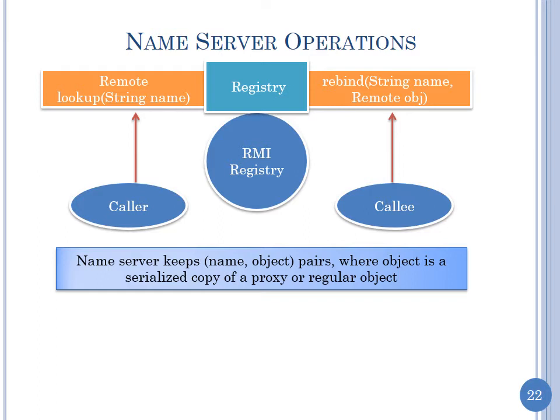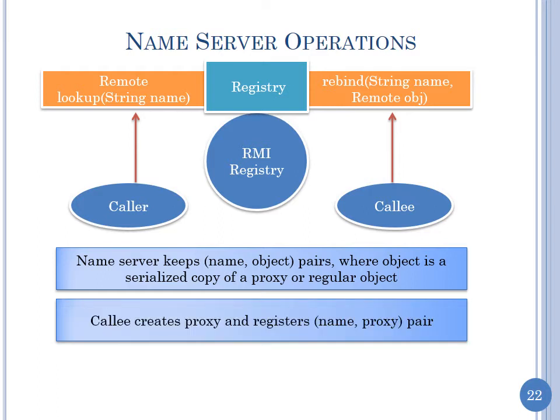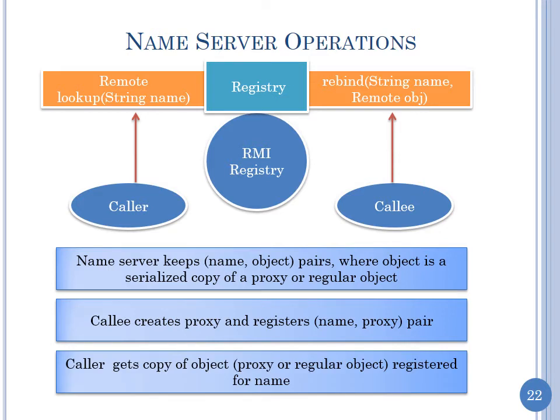It just keeps that binding. And when we create a proxy and store it there, then we get the proxy semantics. The caller gets a copy of either the proxy object or the regular object when it does a lookup. So the registry knows nothing about proxies. This is very important. It just stores serialized objects, which can be serialized proxies or serialized regular objects.